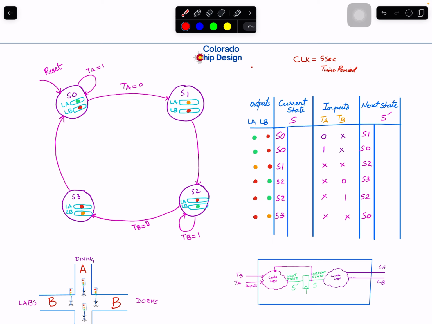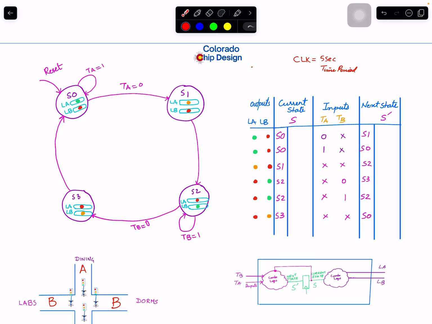As long as t is 1, we stay in S0. So S0, as long as t is 1, doesn't matter what the TB is, we stay in S0. So we are determining this S prime, the future current state, based on what? Based on current state and based on inputs.